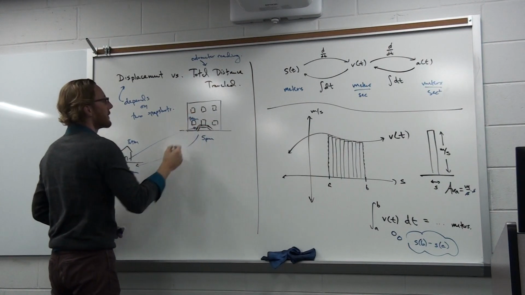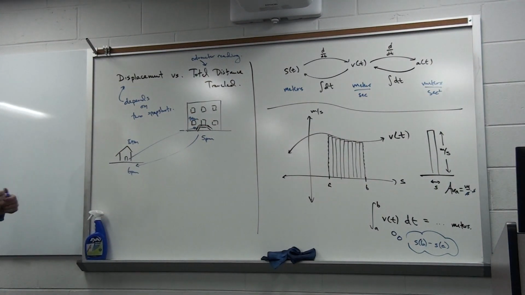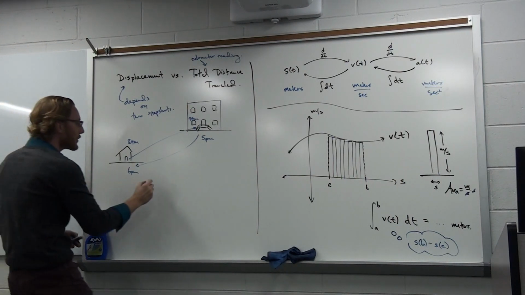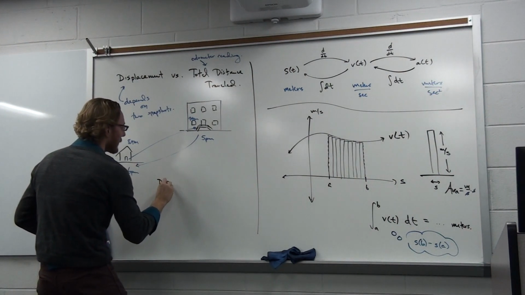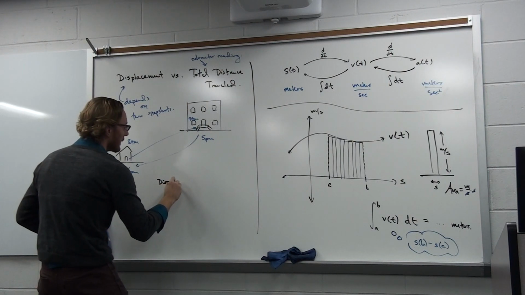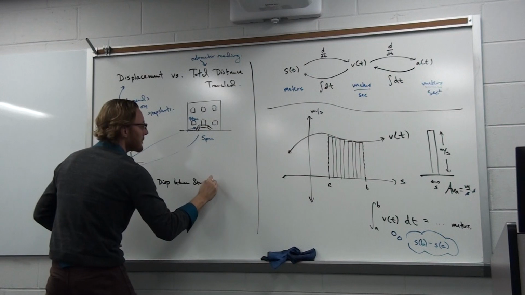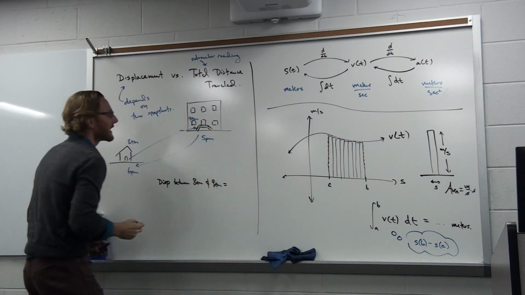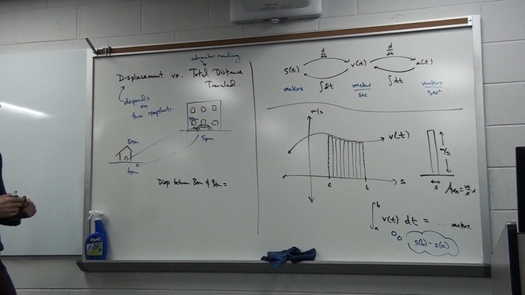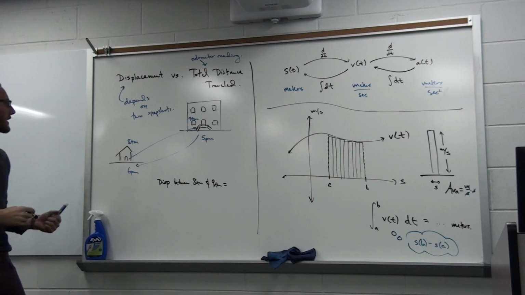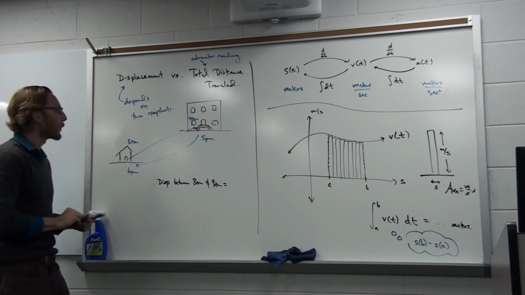Fine, so here's your daily commute. Now, you could talk about the displacement between 8 a.m. and 9 a.m. Let's say, for the sake of argument, your commute took an hour, and your commute was 40 miles.